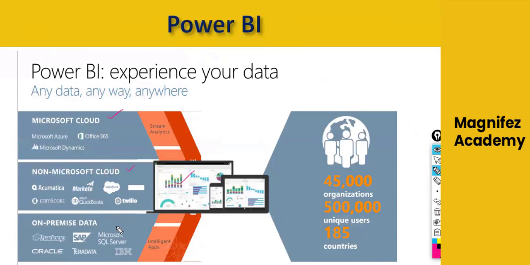Not only that, for on-premises databases like SQL Server, MySQL, Oracle, which you have installed on your servers, and you want to connect with that, yes, you can do it. That means you can connect with either the cloud data or the on-premises data. Both data sources you can connect in a few clicks and start exploring the data with the help of Power BI. That's the beauty of Power BI.